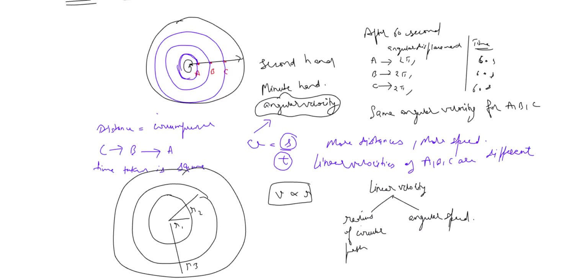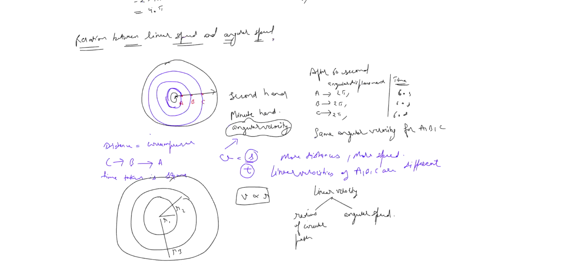So from here we can conclude that V and R are related by this relation: V is equal to omega R. So linear speed is equal to angular speed multiplied by the radius of the circular path, right?